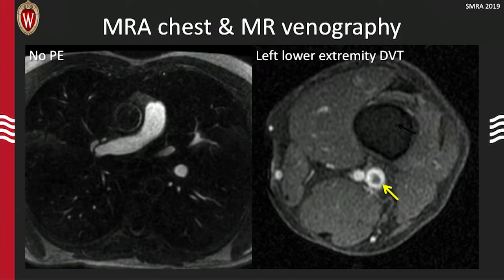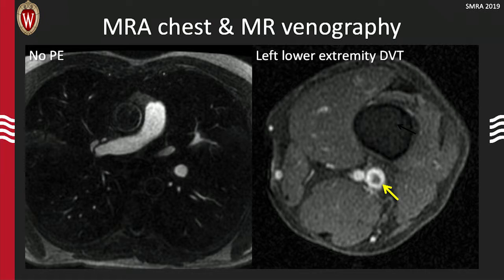Another potential advantage of using MRA for imaging patients with suspected PE is that it's very easy to do MR venography to look for lower extremity deep venous thrombosis without the additional costs of radiation that we would associate with CT venography.